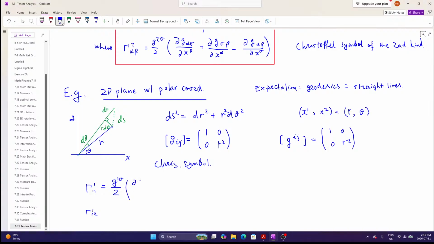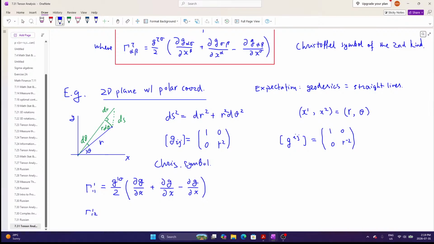And then you have dg. So let me just write dg over dx first, and then put the indices together. Put the indices in later. Okay, dg over dx. Got 3 dg over dx's. Okay, and let's write the last one first, because in the last one you have a minus sign. The term with a minus sign.